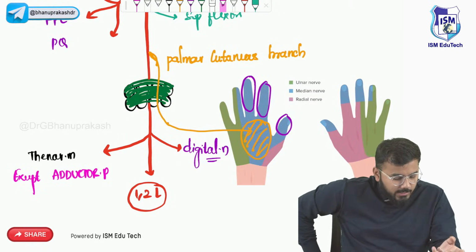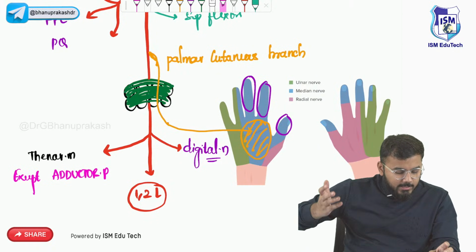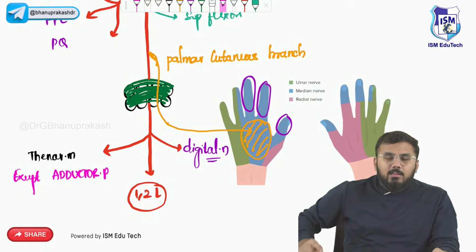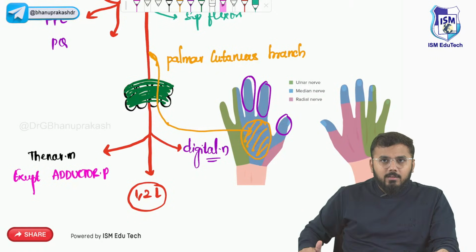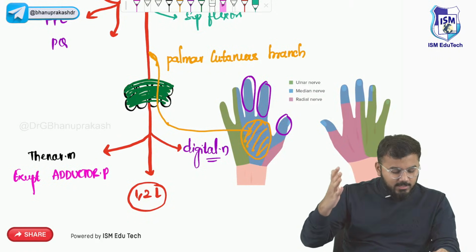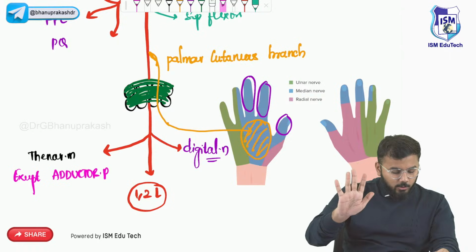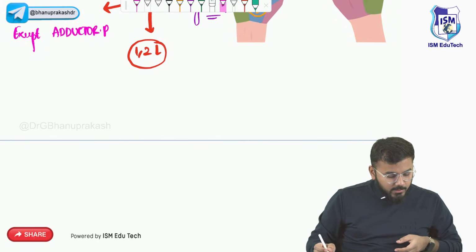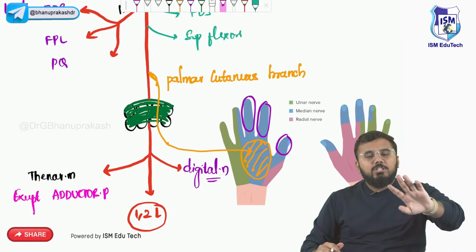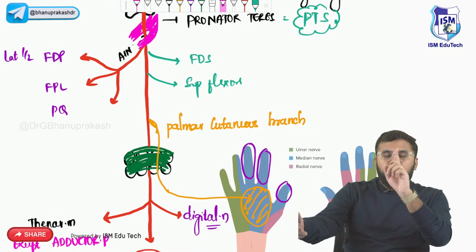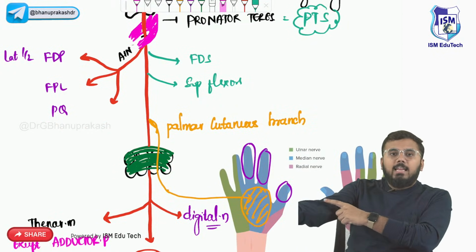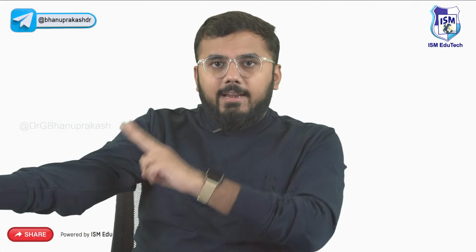Paresthesia and pain are there, but I'm asking you, very good, medbooster. See, Benedict sign, pointing finger sign, ape thumb deformity, right? Have you heard of these terms? Clear? Now look here, all of you. We are dividing these injuries into three parts. First, if there is an injury at the level of the elbow. Second, if there is an injury at the level of the wrist.